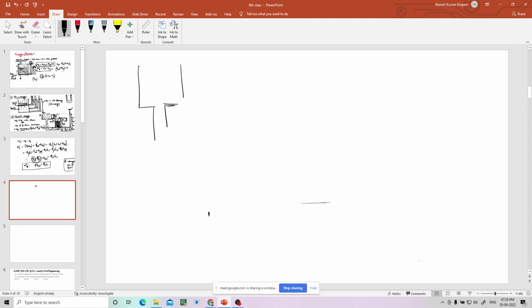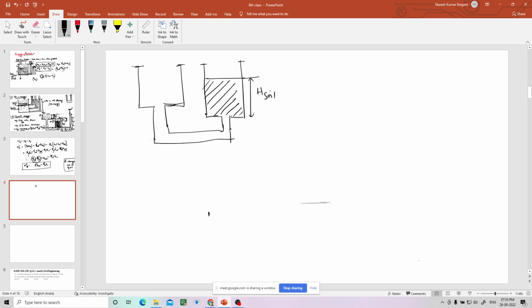So what did I say? I am taking the same height. Soil is here, the soil height is H soil as usual, this is HW.